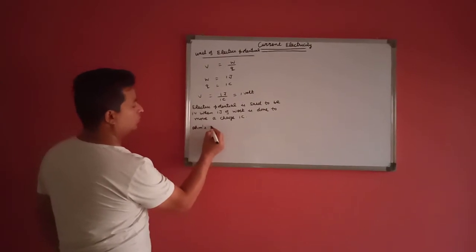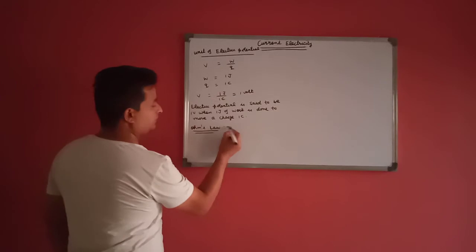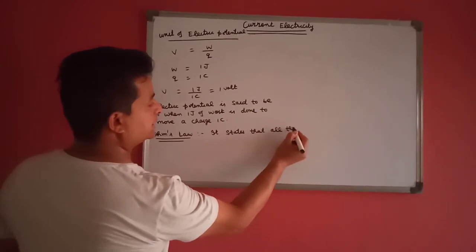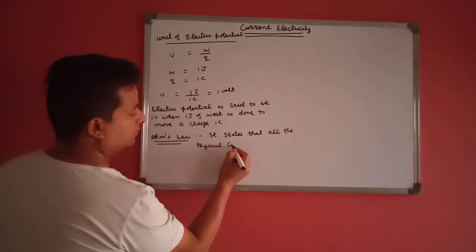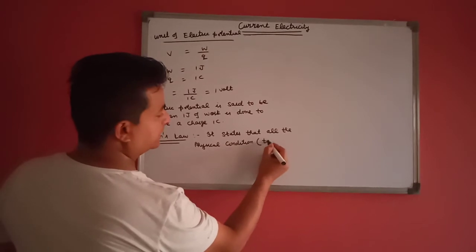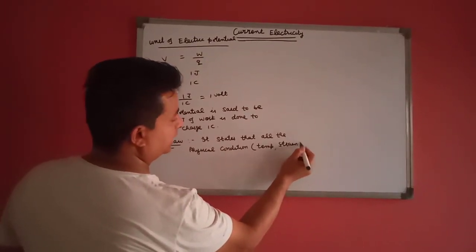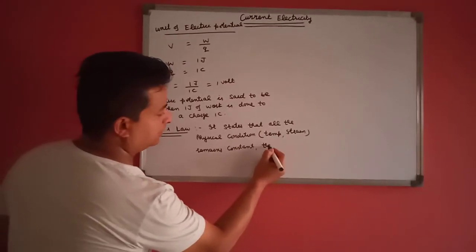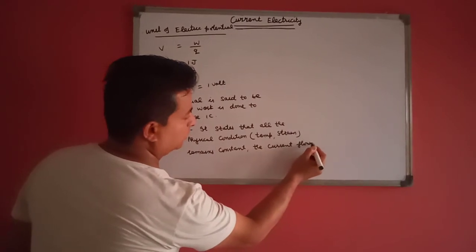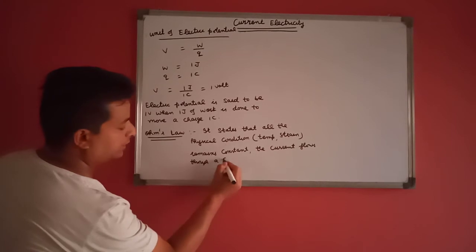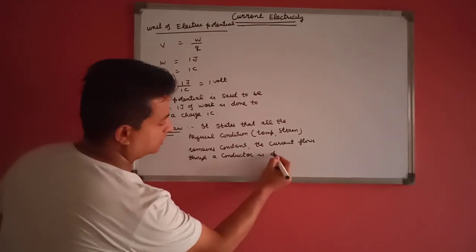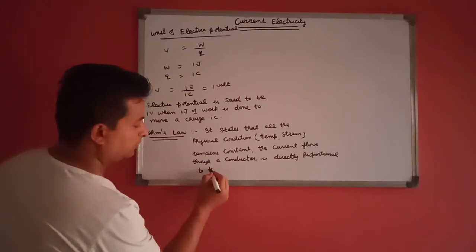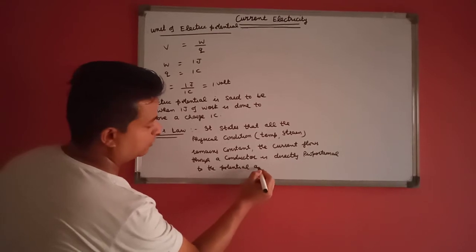Next topic is Ohm's law. Ohm's law states that if all the physical conditions, that's temperature and strain (change in length over original length), remain constant, the current that flows through a conductor is directly proportional to the potential applied.